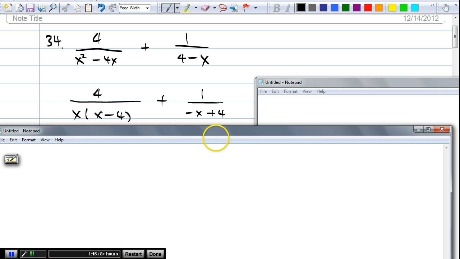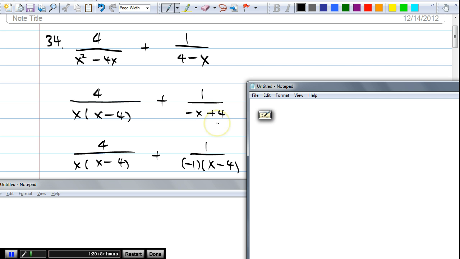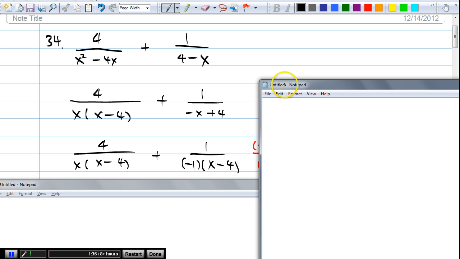So what I'm going to do first is factor out a -1 from the denominator of negative x plus 4, because I would like my first coefficient to be positive. Then, since it's a fraction, I can multiply top and bottom by... How do I get rid of this -1? How do I move it up to the numerator, in other words? Multiply top and bottom of this fraction by -1 over -1.